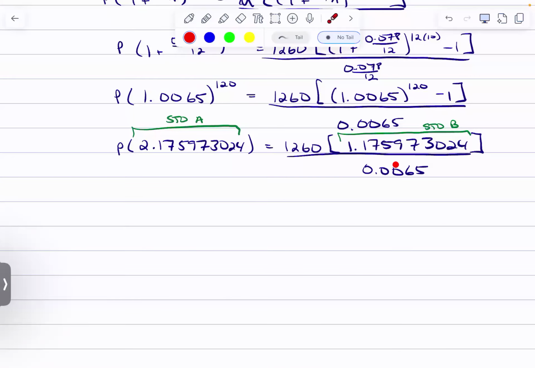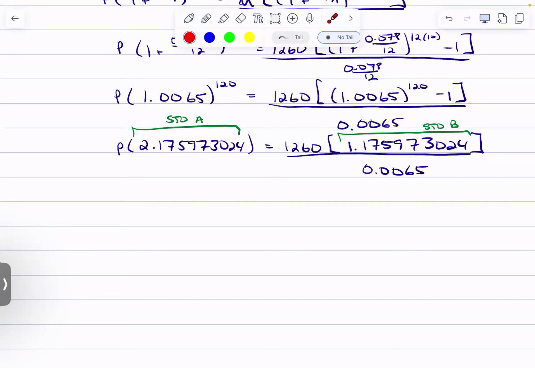Multiplying and dividing, it doesn't matter which order you do it in. I prefer to take this number, which is still on my screen, multiply by the 1260, then divide by the 0.0065. You'll find that the order actually doesn't matter as long as you're only multiplying and dividing.